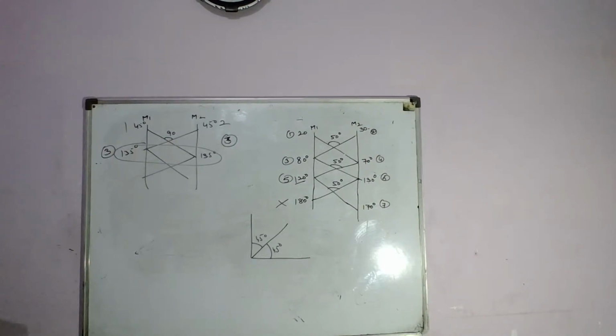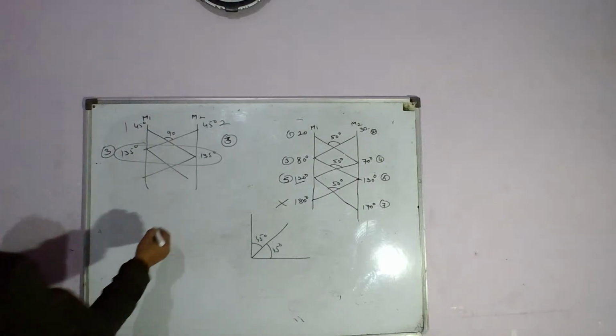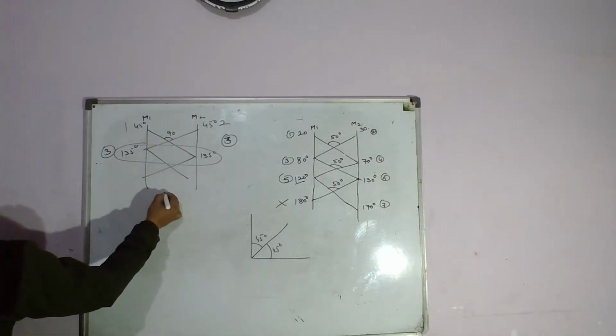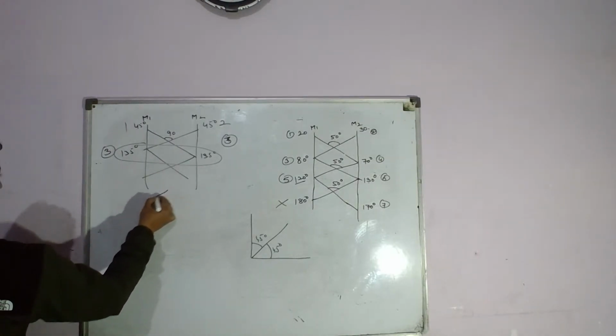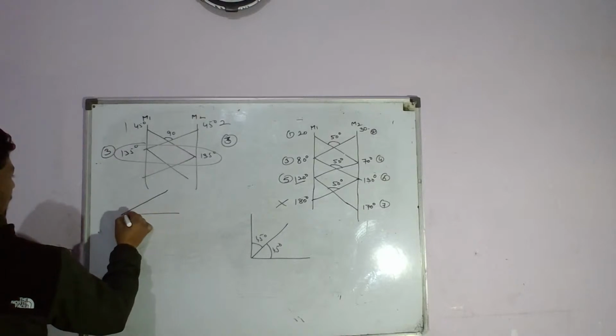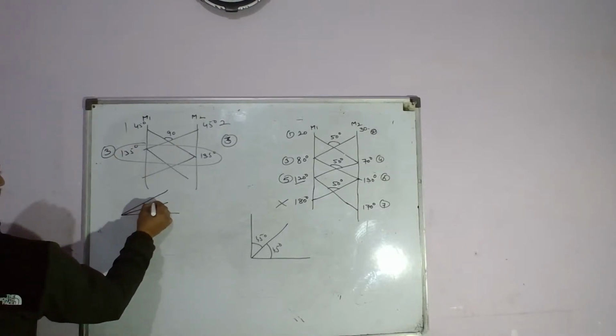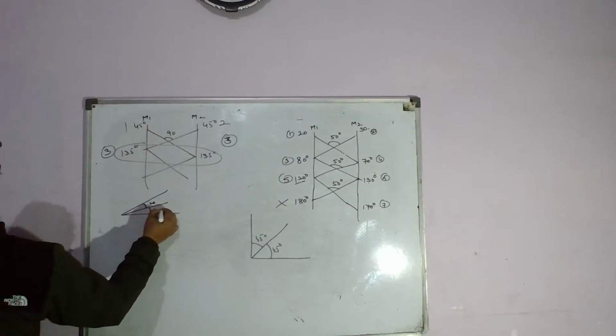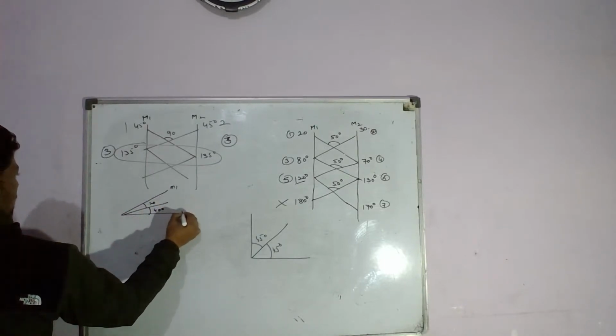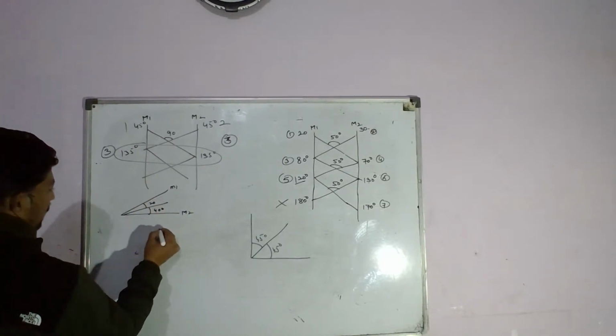So overlapping means, I will explain again. If this is your mirror M1 and here is the object and this is 20 and this is 40. This is your mirror M1, this is your mirror M2. Wait 1 minute.